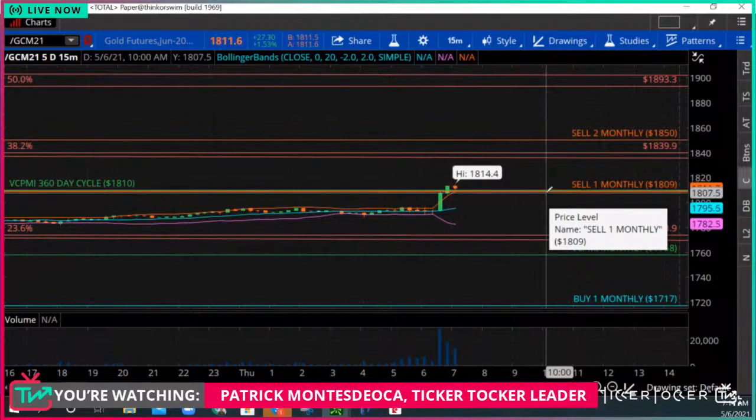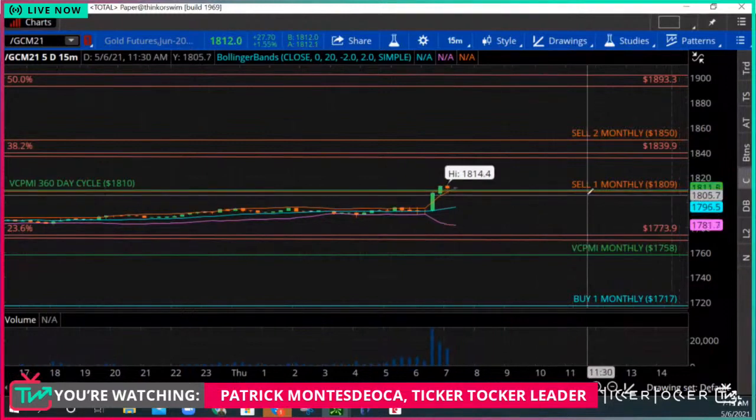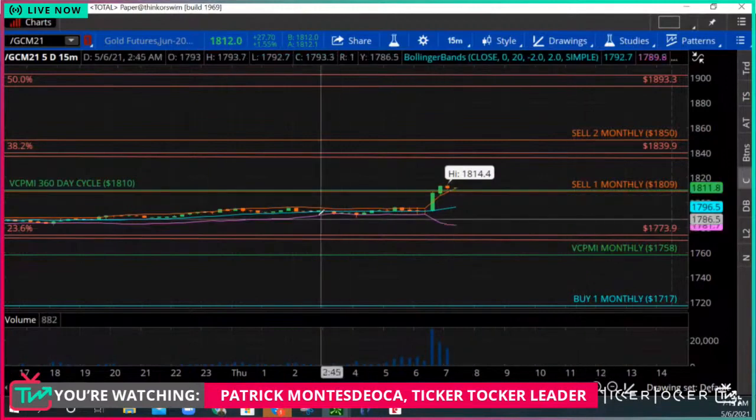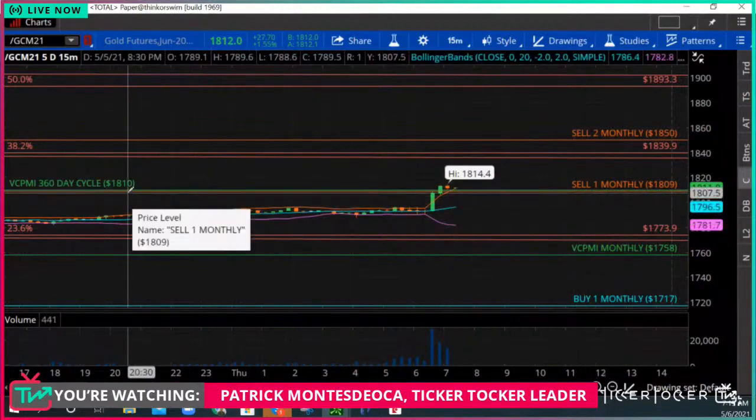So now, what we want to see is if the market closes below 1809, it's going to activate a short trigger and reverse the uptrend price momentum that has been activated on the daily average.